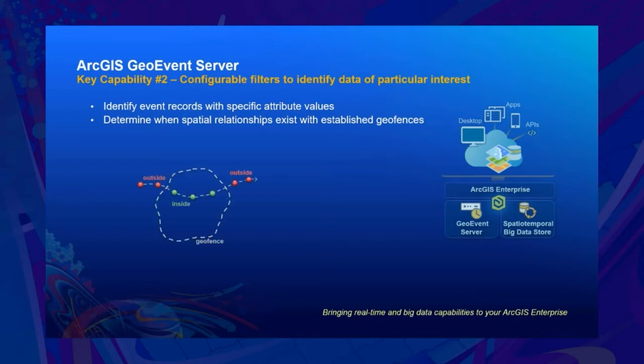Frequently, we think of geofences as areas of interest and want to determine when an asset's point location is inside or outside. Spatial relationships are not limited to point and polygon tests, however. For example, you can register the fixed point locations of critical assets as geofences and use GeoEvent Server to evaluate spatial relationships, such as whether an event record's geometry crosses, contains, intersects, or is disjoint from a specified set of geofences.